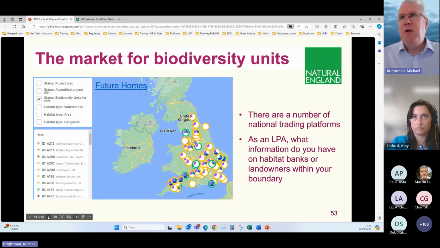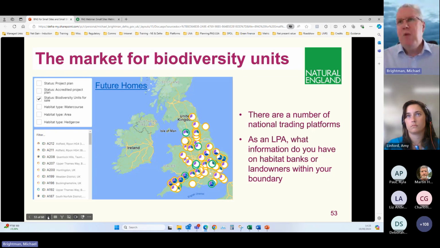My advice to you as an LPA is to be as aware as you can be of habitat banks that are available within your local planning authority boundary, or landowners who are looking to enter the market for biodiversity units.